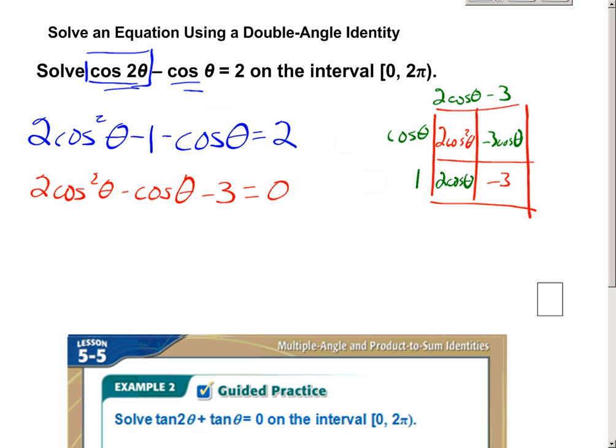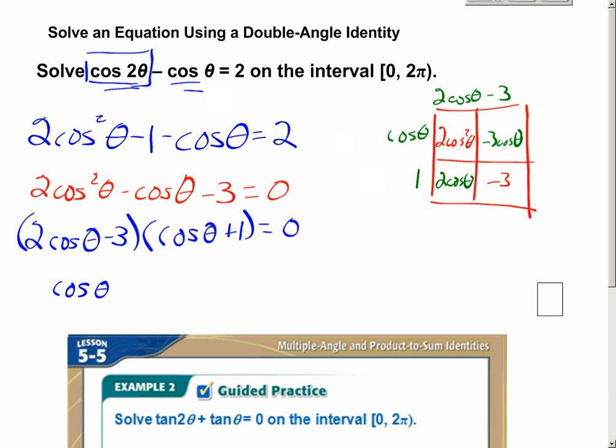So here I've used the box method to factor that, and I get that it factors into 2 cosine theta minus 3 times cosine theta plus 1 equals 0. So now we're looking for where does the cosine of theta equal 3/2 or cosine theta equals -1.